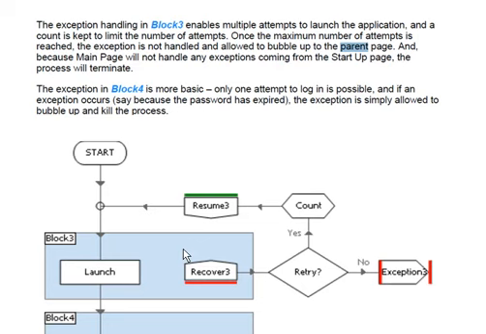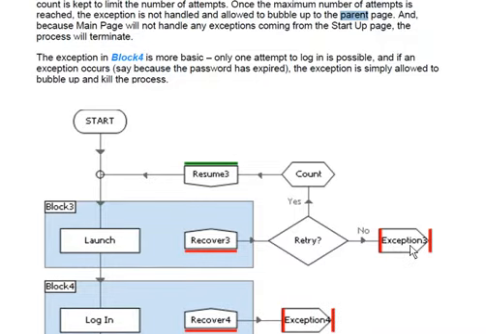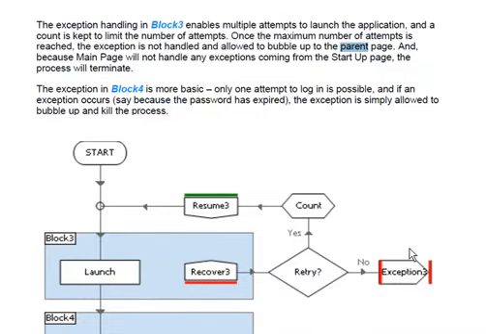Once the maximum number of attempts is reached, here you can see the maximum number of attempts, the exception is not handled and is allowed to bubble up to the parent page. And because the main page will not handle any exceptions coming from the startup page, the process will terminate.